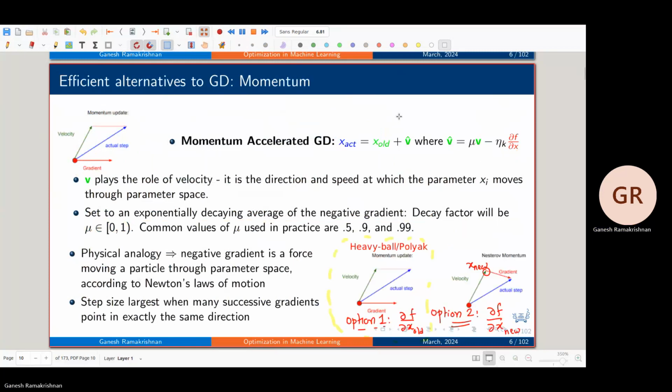Each of them gives a different variant. If you apply it at the original point, option 1, you get something called heavy ball or Polyak. If you apply it after the momentum, then it's called the Nesterov momentum.